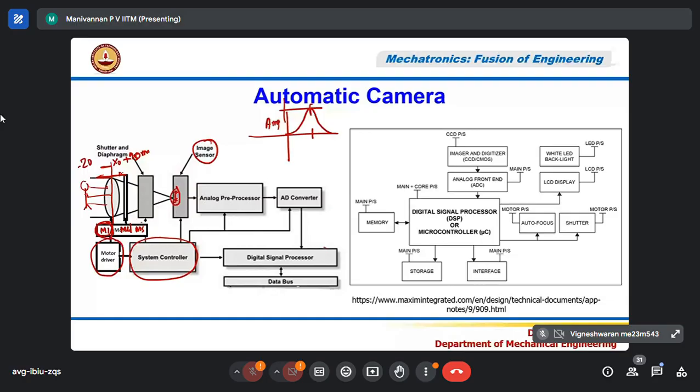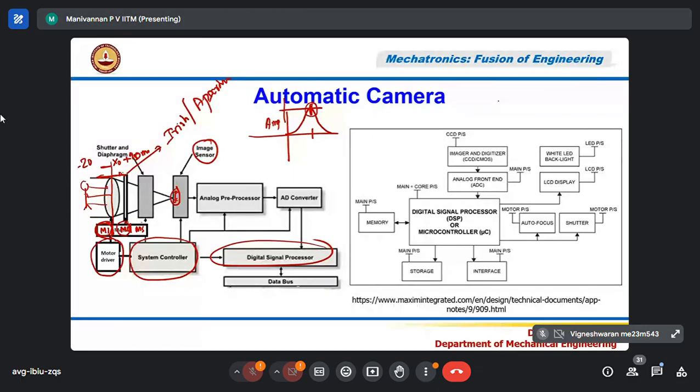Similarly, the second motor will be controlled, so the light will be adjusted. That also has an effect on the picture received on the sensor. Once it is focused, the amount of light is controlled by the aperture, called the iris or aperture. The aperture is controlled by the second motor.